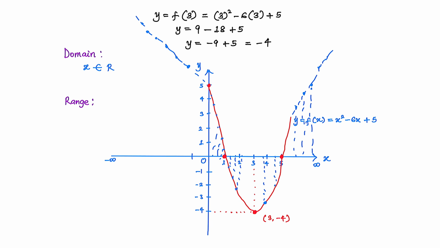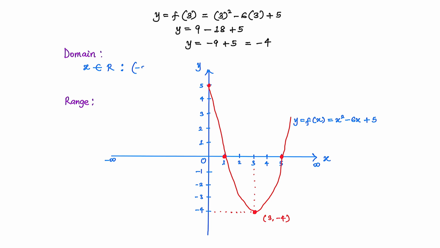That is what this means. So that is why x is an element of all real numbers. That is, x can take on the values of numbers between minus infinity all the way to infinity. Any number within this range can satisfy this quadratic equation. That's one way to look at it. Another way to look at it is we can see that this equation is a quadratic equation. And a quadratic equation is a type of polynomial equation. So the rule of thumb is if an equation is polynomial, the domain is always all real numbers.